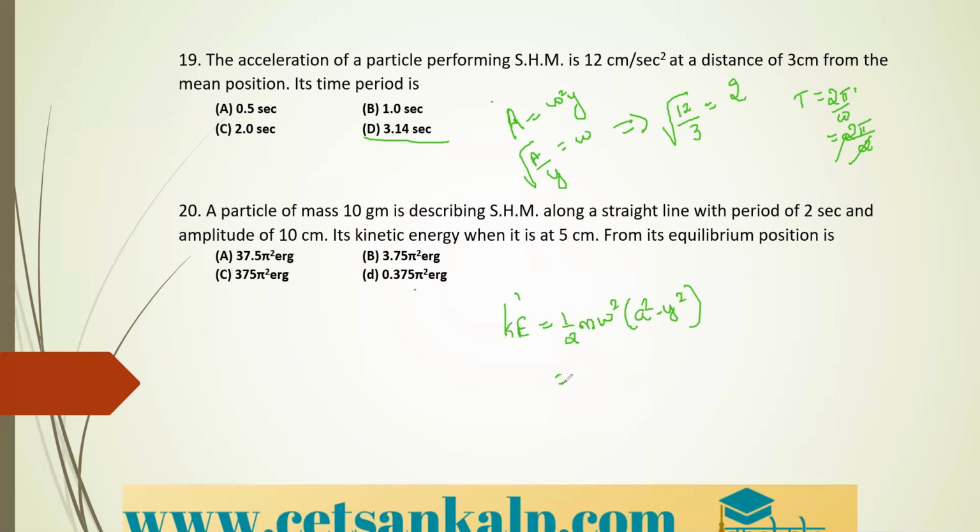That is equal to 1 by 2, mass is 10, into omega square, which is 4 pi square divided by 4, into a square minus y square, that is 10 square minus 5 square. So after simplifying this entire equation, we will get 375 pi square.